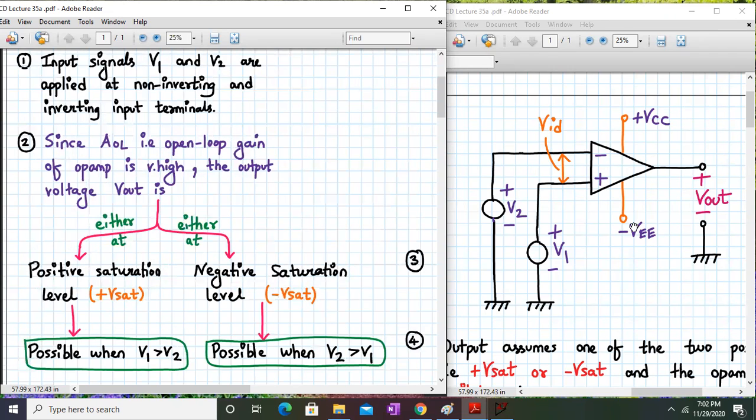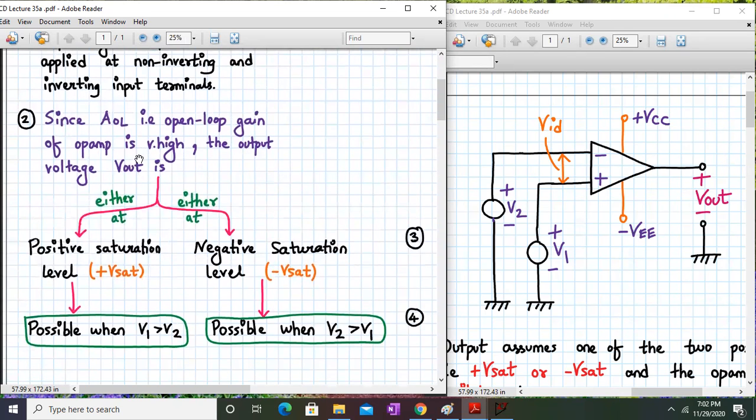In fact, for IC741, the open loop gain is 2 into 10 to the power 5. But for ideal op-amp, it goes to infinity. So since open loop gain of op-amp is very high, the output voltage of this circuit, wherein the op-amp is in open loop condition, is either a positive saturation or a negative saturation.